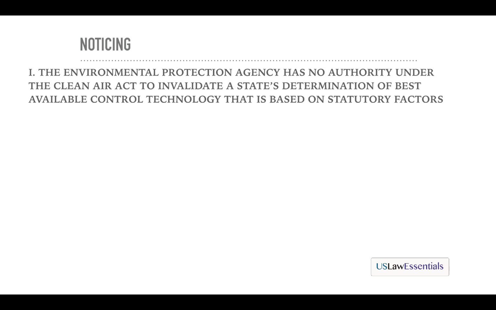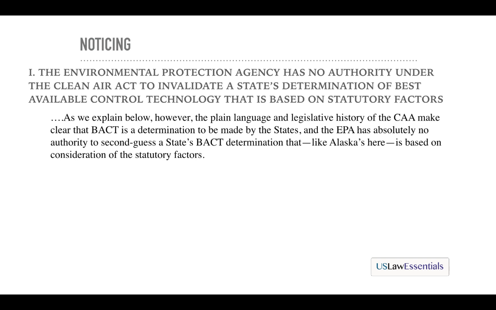Now, you might or might not know anything about this legal topic. But right underneath that, the attorney says, as we explained below, the plain language and the legislative history of the Clean Air Act makes clear that this BACT is a determination to be made by the states, and the EPA has no authority to second-guess that state's determination.